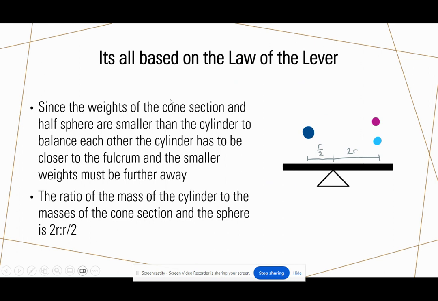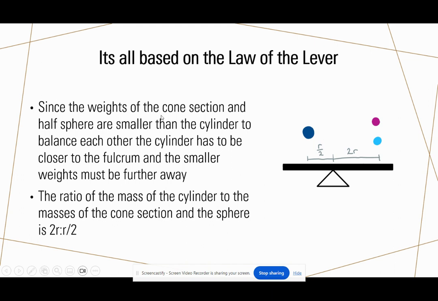All right, so I said this earlier, it's all based upon his law of the lever. Since he knew the weights of the cone and the cylinder, he wanted to figure out how we could figure out the sphere from that.